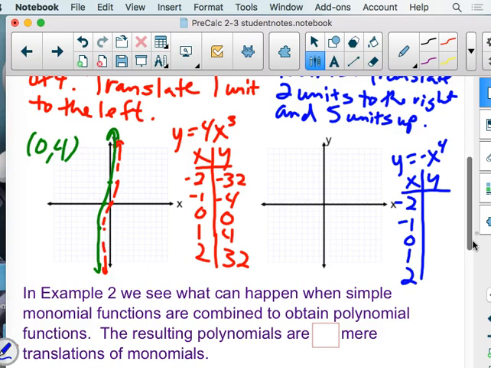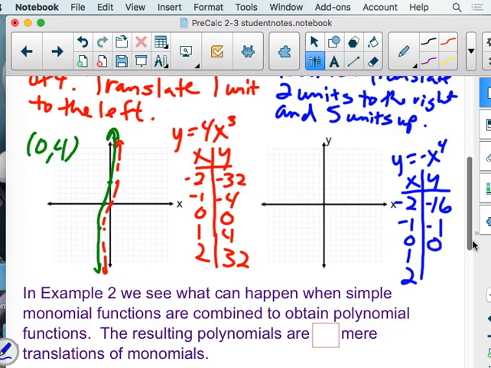That's 16. But this says I have to put a negative in front of it. Because the order of operations says do the powers first, then the multiplication. Negative 1 to the 4th. Well, that's 1. But I have to slap a negative in front of that one. Always do powers first, then multiplication. This is like a negative 1 times x to the 4th.